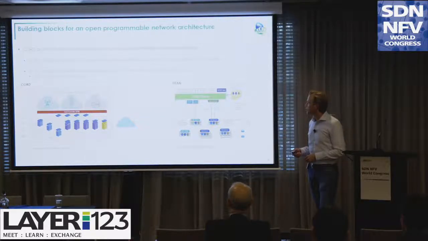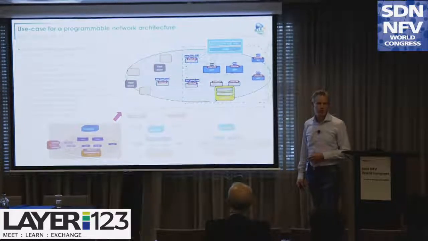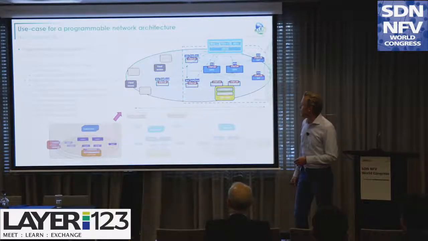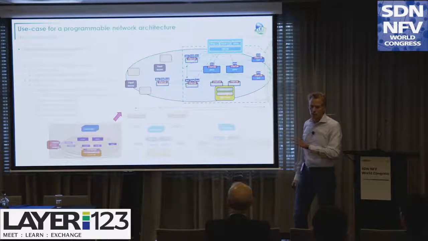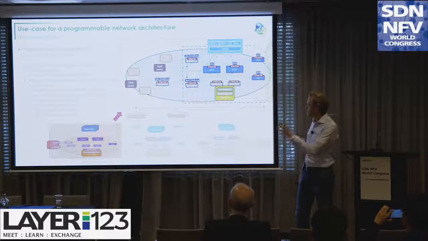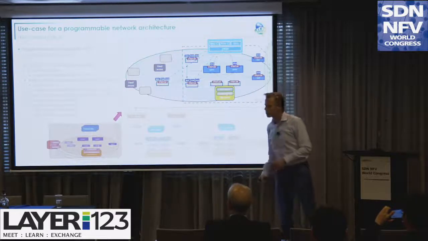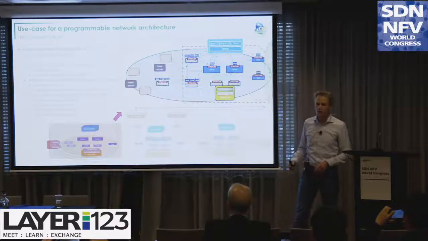Some specific use cases we have. We have a number of use cases for the programmable network architecture. I will cover two of them right now. This is an almost everything-encompassing use case, which you could see as more or less the central office.